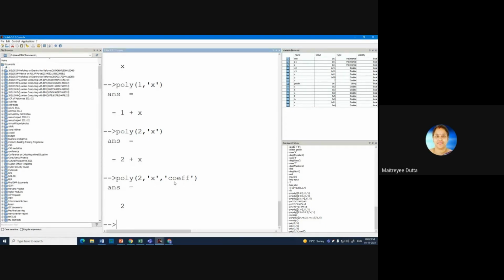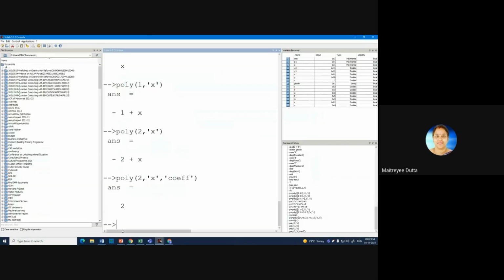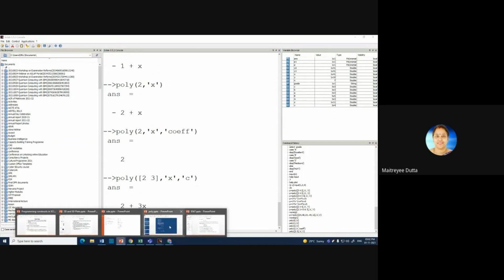That means it will give me only the value 2, right? Another one that we have already done: what will it be if we give C, that is 2 and 3, that is your coefficient. So the first one is only 2 and the next one is 3 x. I have already told you that, right?